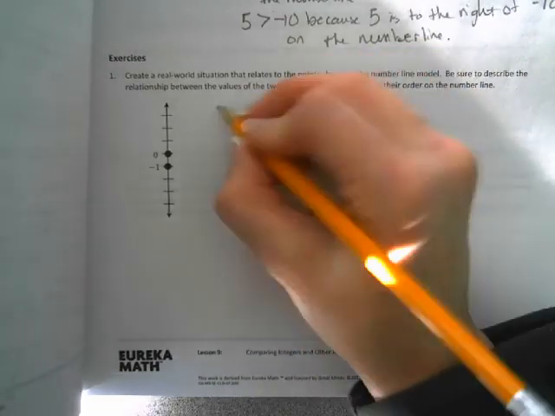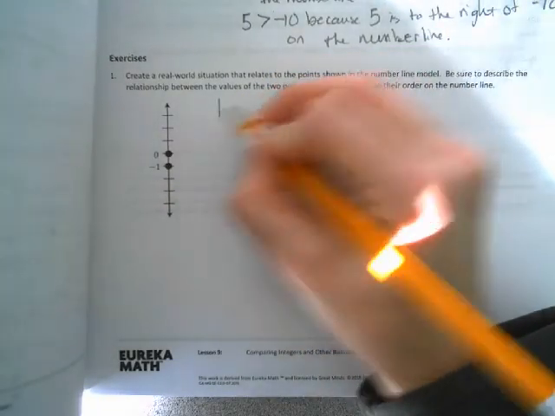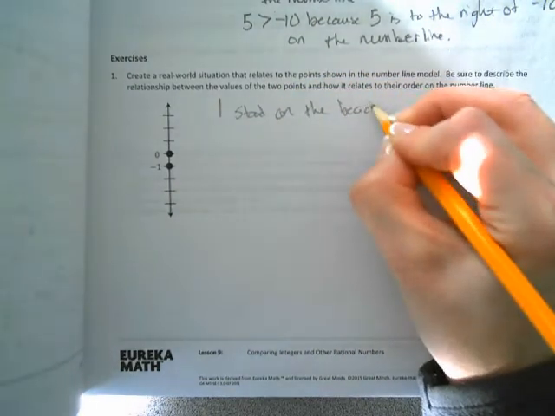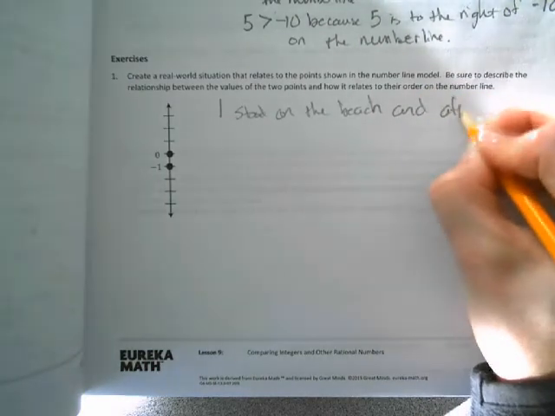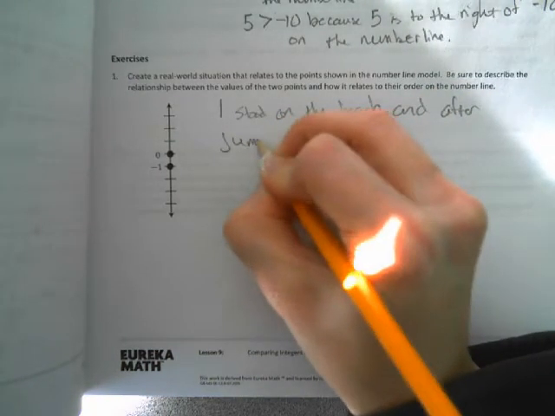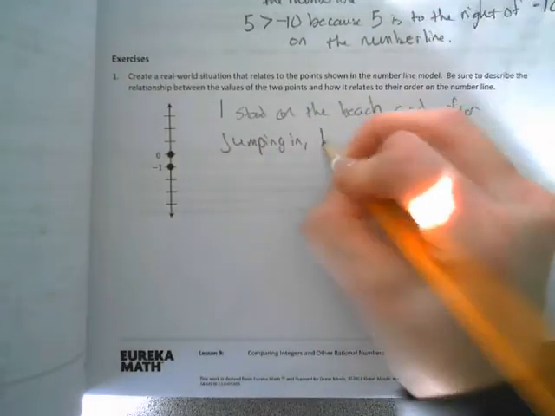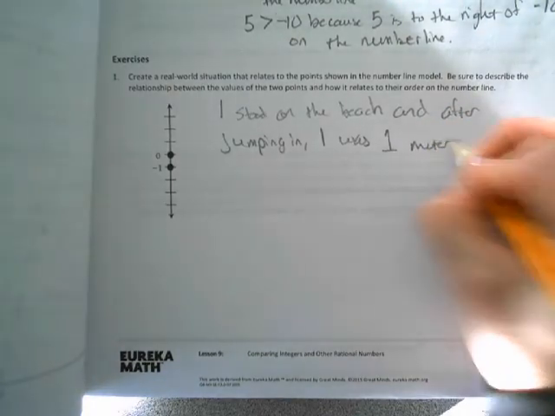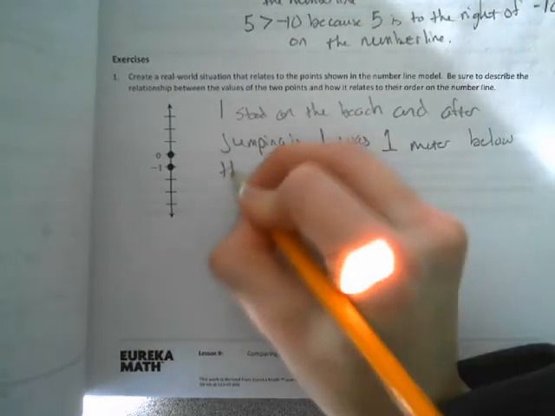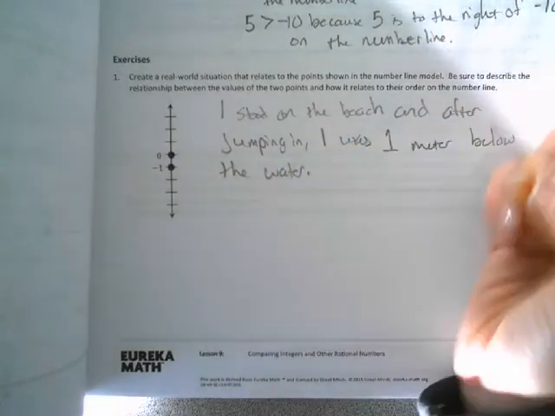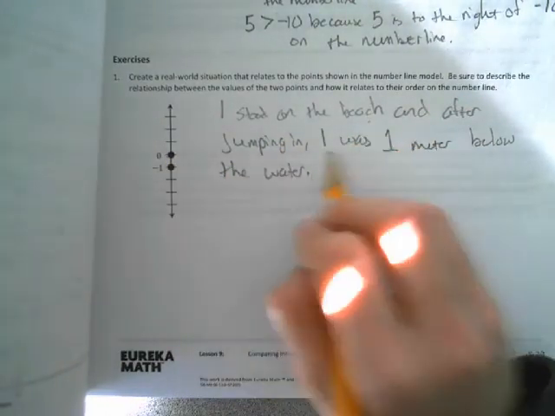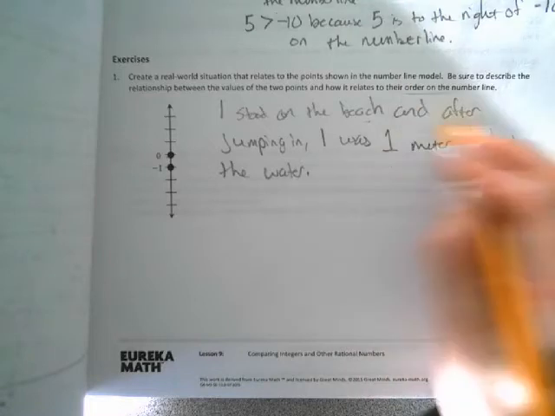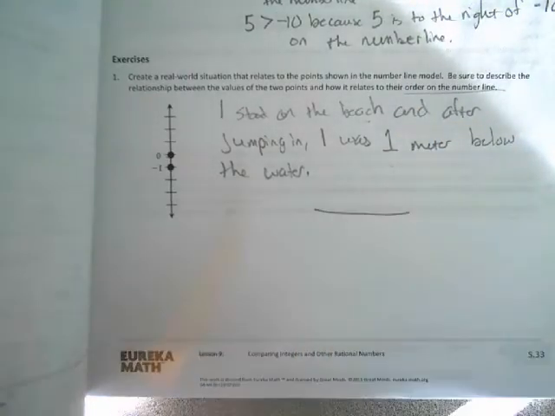So I would say I stood on the beach, and after jumping in, I was 1 meter below the water. So my 0 is on the beach, 1 meter below is -1. And then comparing my orders on a number line, they're already there.